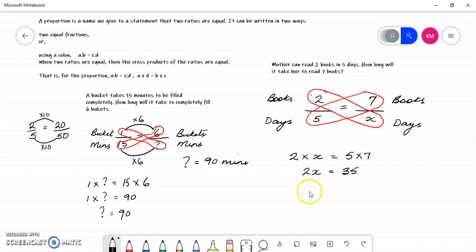Now I have 2X equals 35. 2X means 2 multiplied by X. So to figure out what X is, I'm going to have to divide 35 by 2. So your next part should read X is equal to 35 divided by 2, and X is going to be 17 and a half. So when they ask you how long it will take for mother to read 7 books, it's actually going to be 17 and a half days.